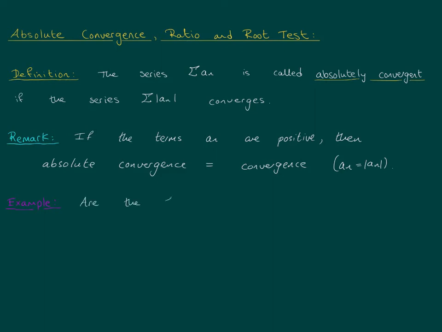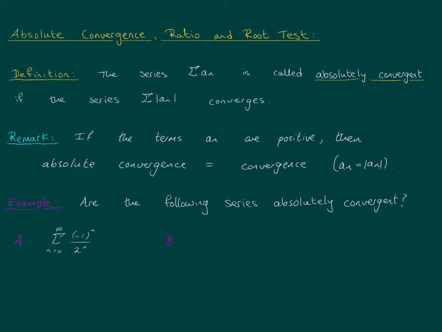Are the following series absolutely convergent? So you're going to look at the series, then look at the corresponding series where you take the absolute values of the terms, and see, does this new series converge? First example, sum of (-1)^n over 2^n, from n equals 0 to infinity.